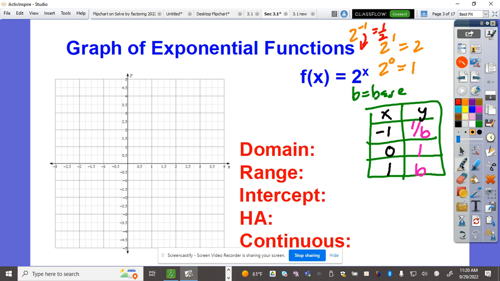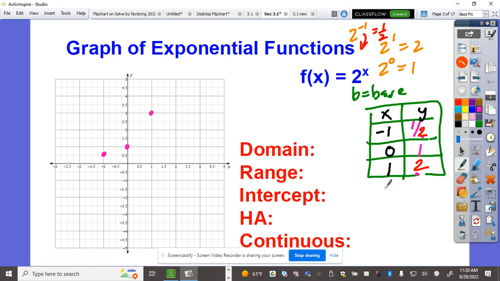Since the value of my b here is equal to 2, this will be 1 half, this will remain 1, and this will be 2. Plotting the points, I have negative 1, 1 half right here, 0, 1 right here, and 1, 2 up there.